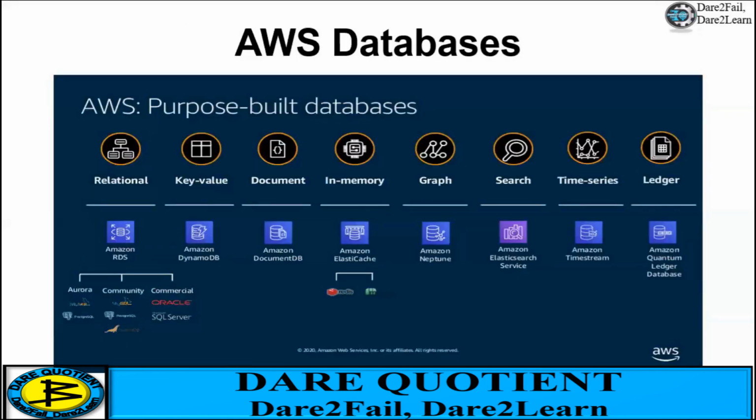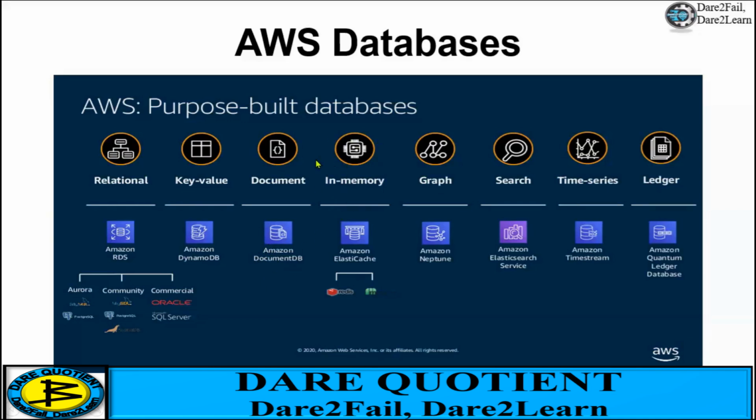So we've spoken about relational databases. We have other types of databases. Now, we have the NoSQL databases as well. We have a key value database, such as DynamoDB. You have the document database, Amazon DocumentDB.